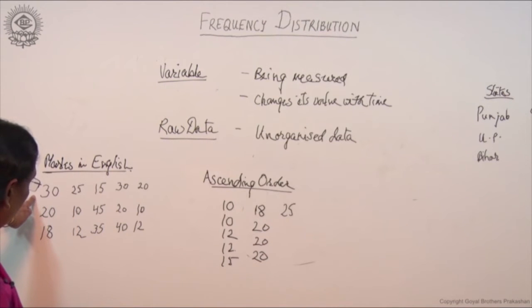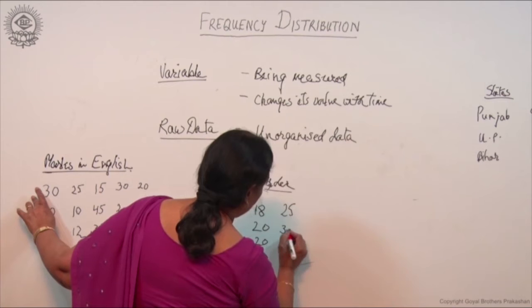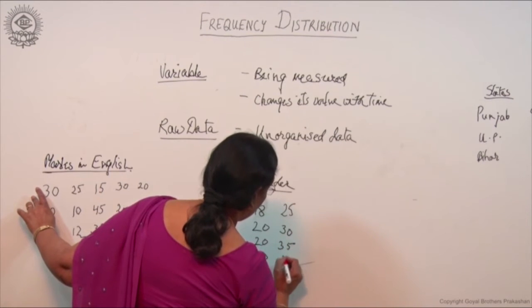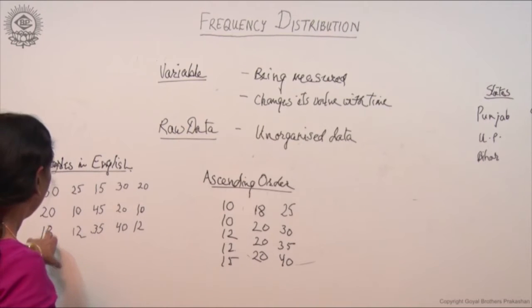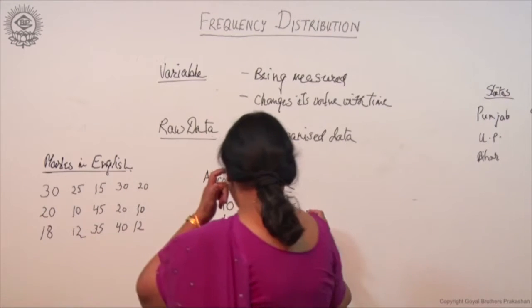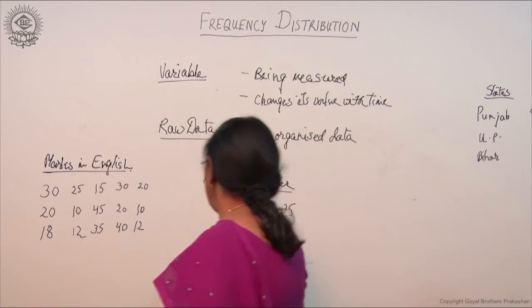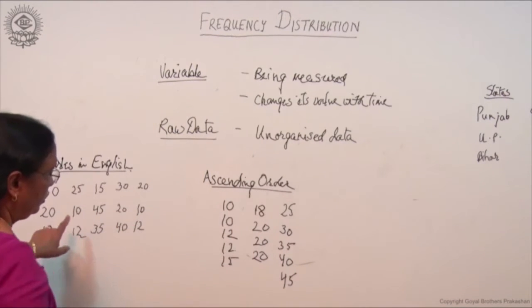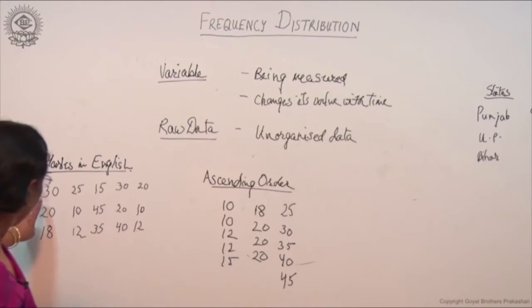Then we have 30, then 35, then 40, and then 45. Now the total should be 15. I think we have left out one.